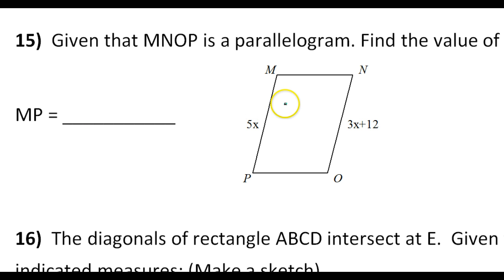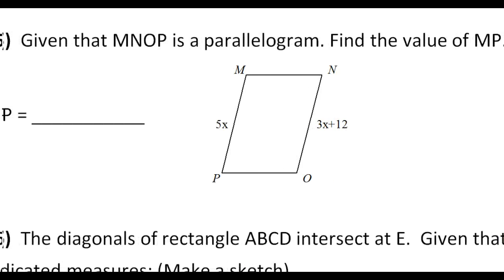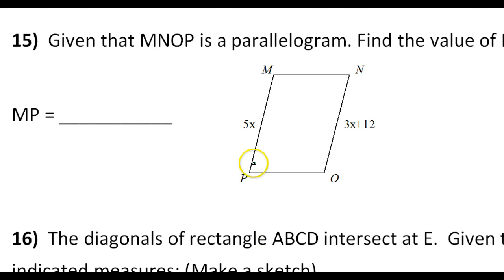In number 15, we're given that this is a parallelogram, and we're supposed to find the value of MP. So just be careful, we're not just finding x. We're going to find x, and then we're going to use that to find MP. So we're going to find x and then substitute that back in. Well, these two expressions are opposite sides, so we know they will be congruent.